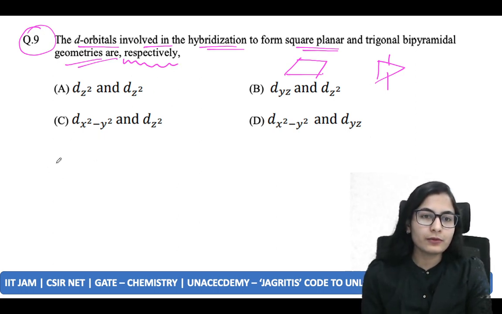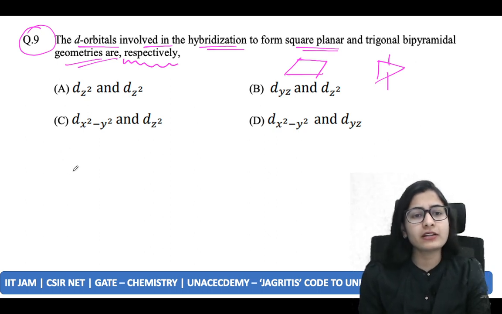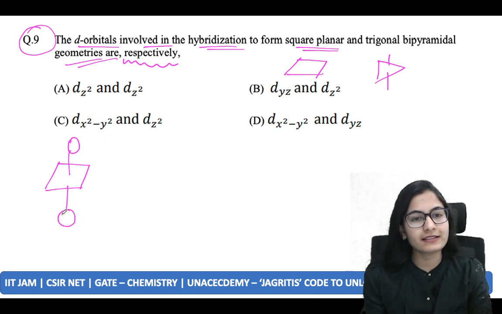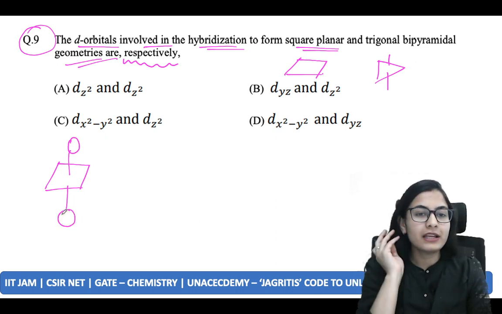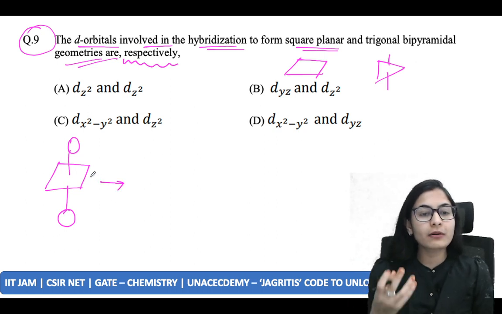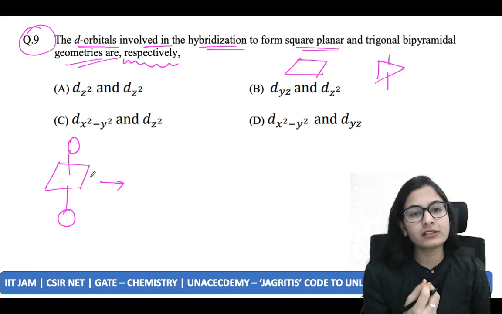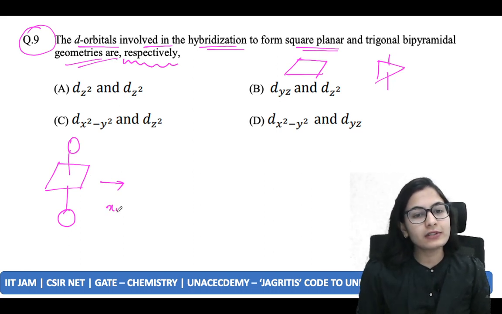So what you can do is, first of all if you want to see the square planar geometry, where is it coming from? Square planar geometry is coming from removing the ligands on the z axis, right? So if you are actually able to understand that concept, that if you remove the ligands from the z axis, the only ligands which are remaining will be on the x and y axis only, right?